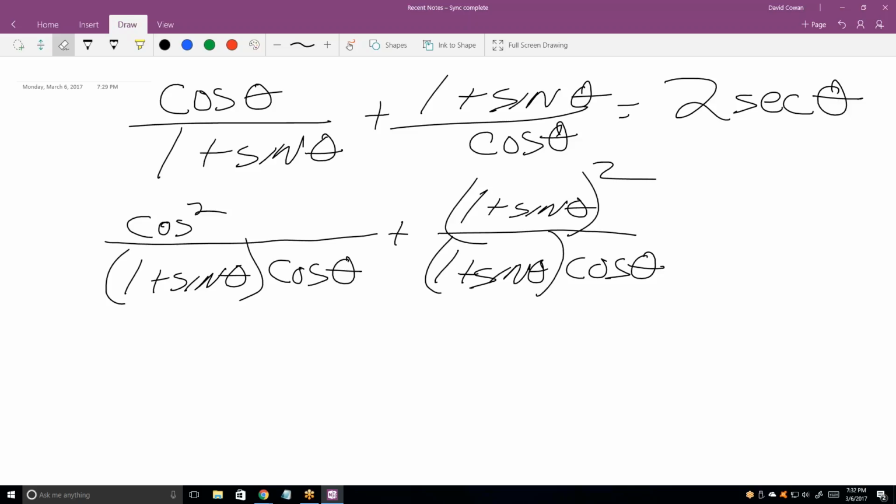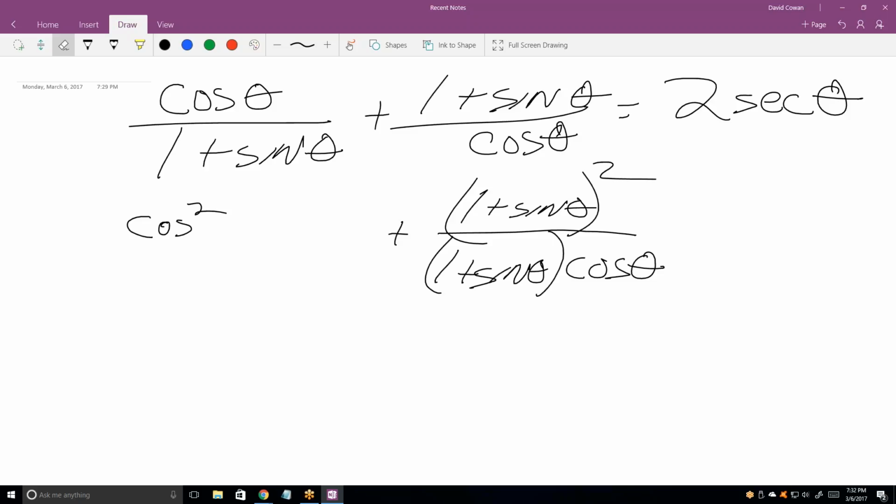Now, we're going to have to, well, let's see. Now, hold on a second. So I have a common denominator, right? So I can do this. What's the top turn into?